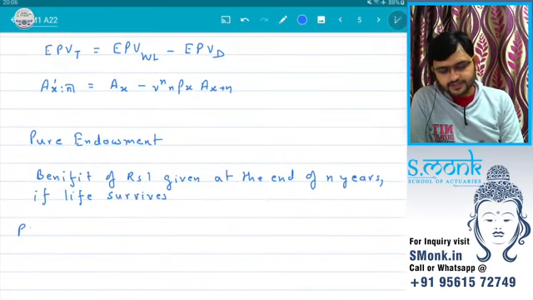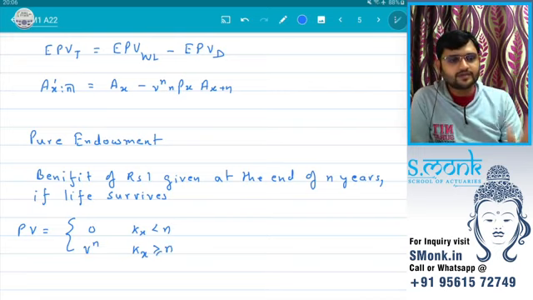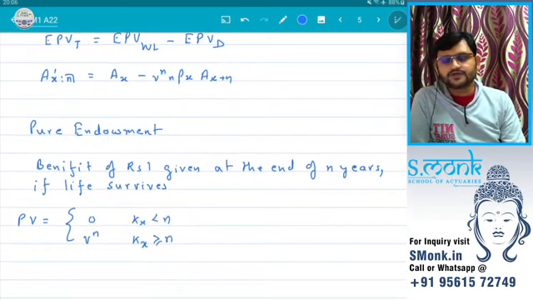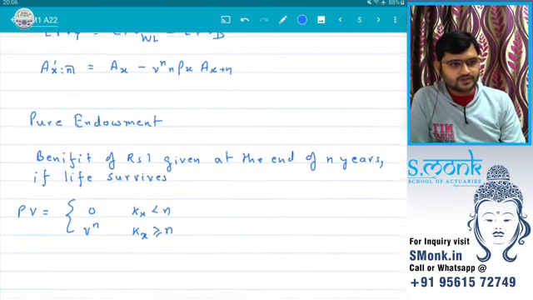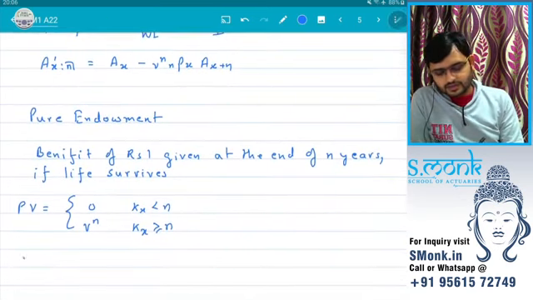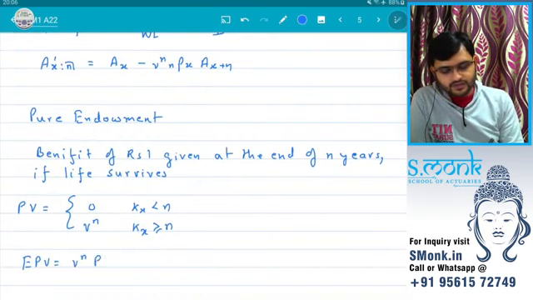So we say our present value will be equal to 0 if a person dies within n years, and if the person survives n years, then the payment is going to be v raised to n. Exactly at time n the payment would be given for anybody who survives more than n years. So our expected present value will be equal to v raised to n into probability.